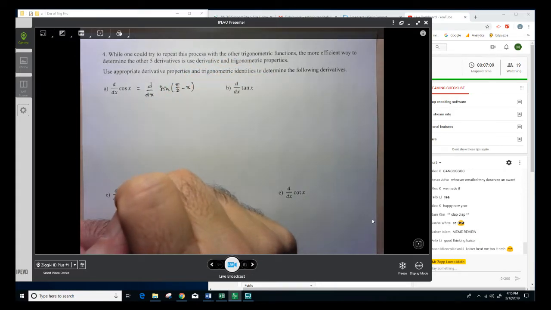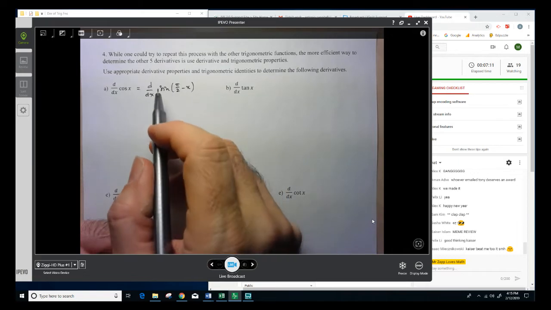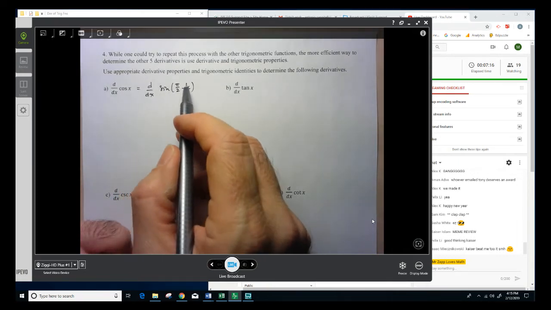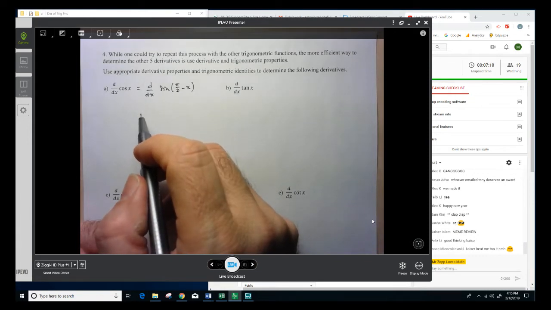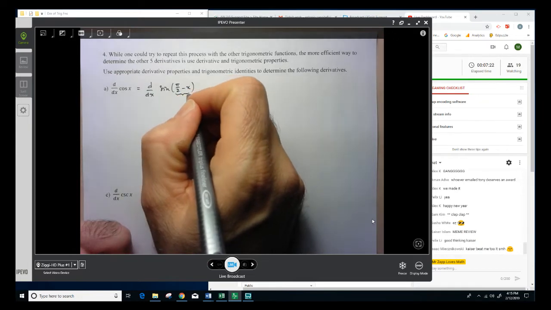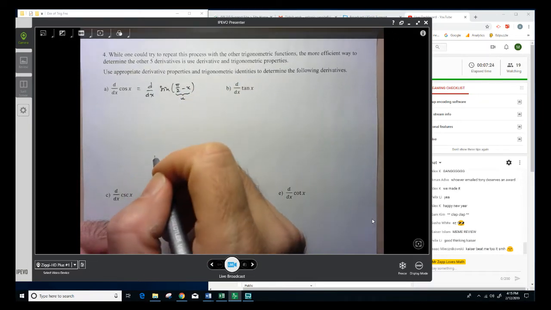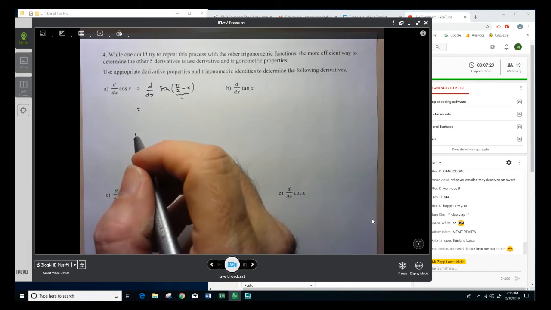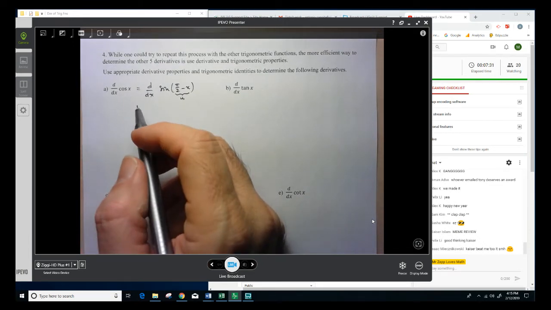So how can we find this derivative? Well, we know the derivative of sine x, and we can use the good old chain rule to determine the derivative of cos x. This now becomes our inside function, our u. Let's recall how the chain rule works.